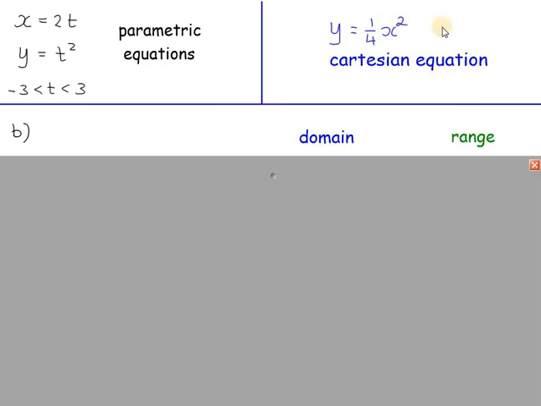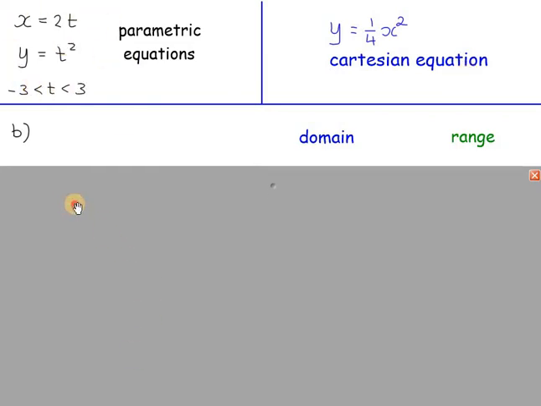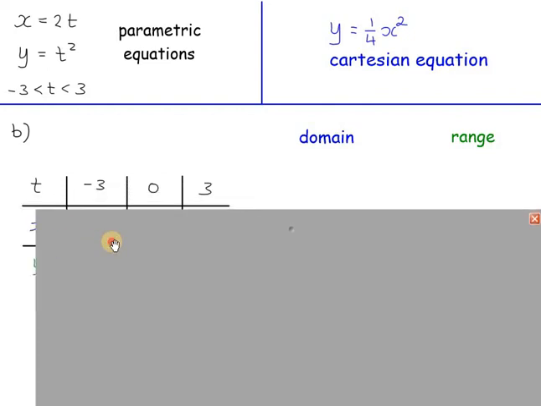Now if I sketch y equals 1/4 x squared, the Cartesian form, I need to know the domain and range. So I'll go back to my parametric equations and make a table of values for t. I'm using -3 and 3, because these are the values at the extremes, so we should test those, and something in the middle, 0, is a sensible one to test.